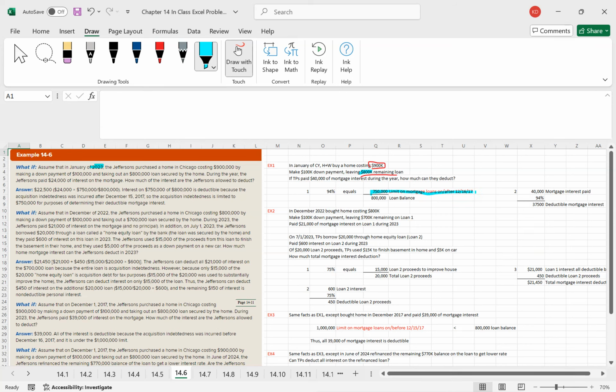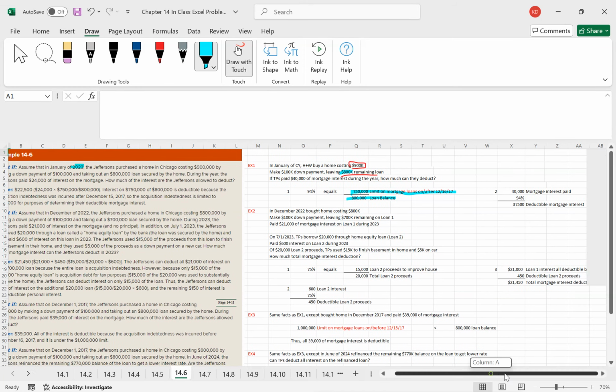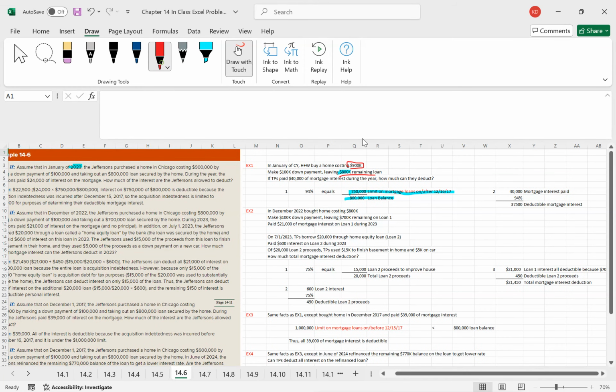However, we're only going to be able to go up to 750,000 of that, or 94%. So we paid $40,000 of interest, only 94% do we get as an itemized deduction because we're capped at 750. This is after the TCJA was enacted.